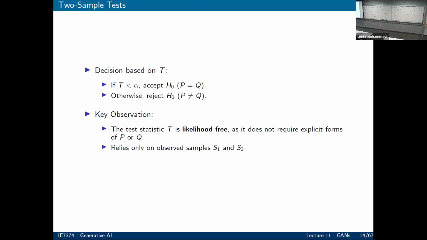And this idea becomes likelihood-free, because now you don't need to train based on the likelihood. You just need to train based on the t-test between two sample datasets to see if they are coming from the same distribution. And what could be the goal of learning here? If you think from a generative perspective, what's the goal that we have? We want a model that can generate good quality data.